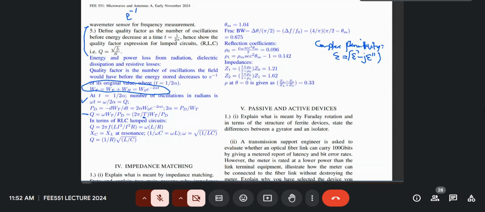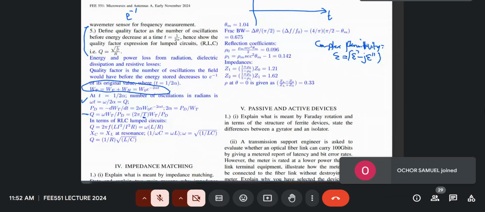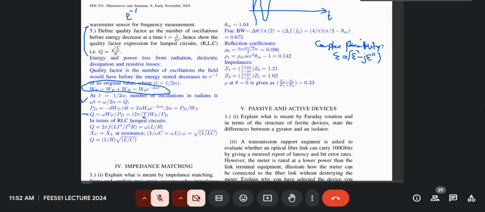We have just said the quality factor is defined with time as the number of oscillations at which the amplitude reduces to a certain value. So you have that A naught. Then we have, let's say here, this is where we have A naught e raised to -1.